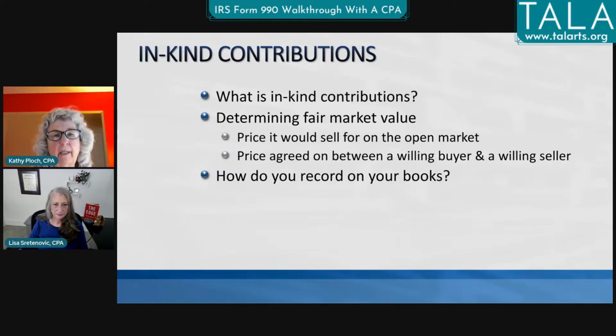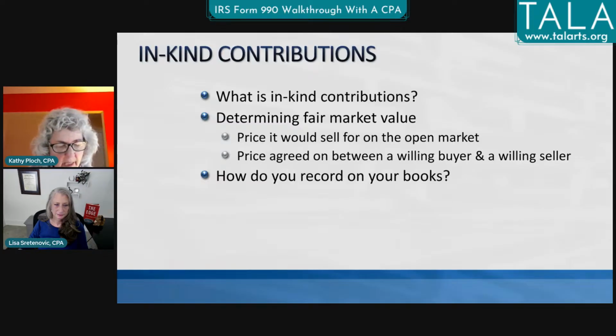Keep in mind that you're the one who determines the fair market value, the price that would be open on the open market and what's agreed upon. When it comes to rent, that was pretty easy because it's whatever the normal rent would be in that building for that space.